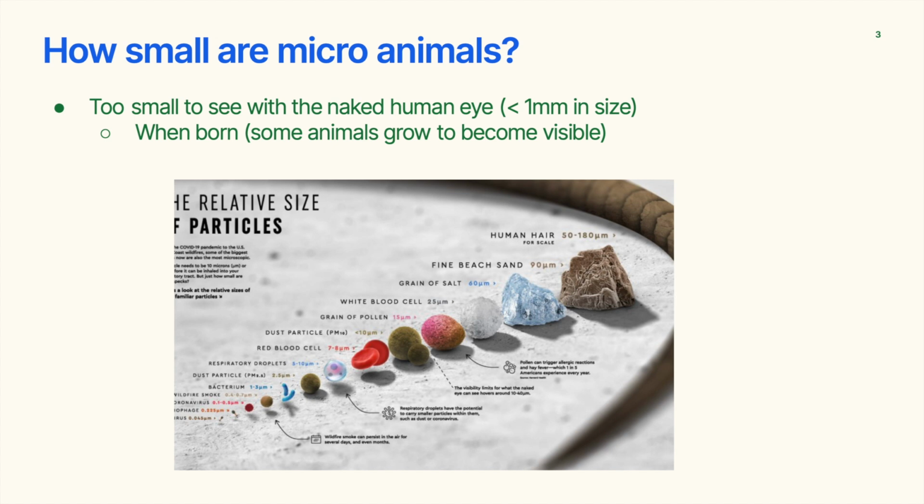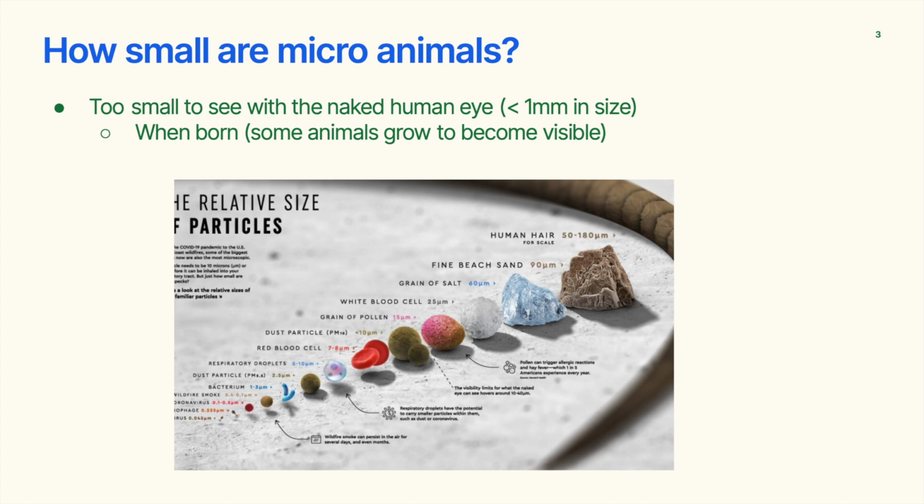However, some microanimals, while too small to see with the naked eye when they are born, grow to become visible. Some can get up to a centimeter or more in size, which is definitely visible. This picture depicts the relative scale of things.